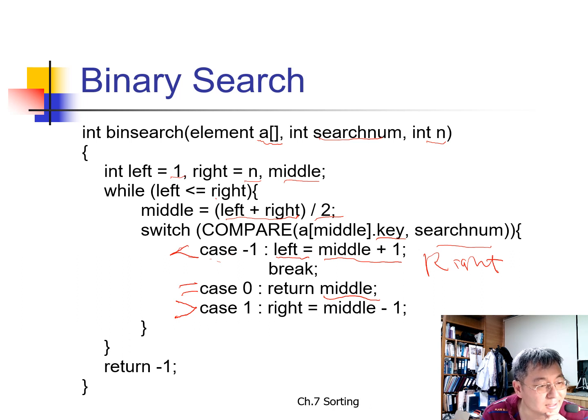Then we will adjust the right value of the data set to middle minus 1. That means that we will search only the left part of the given sorted data set. So this is the same implementation of binary search as we explained in the previous slide.